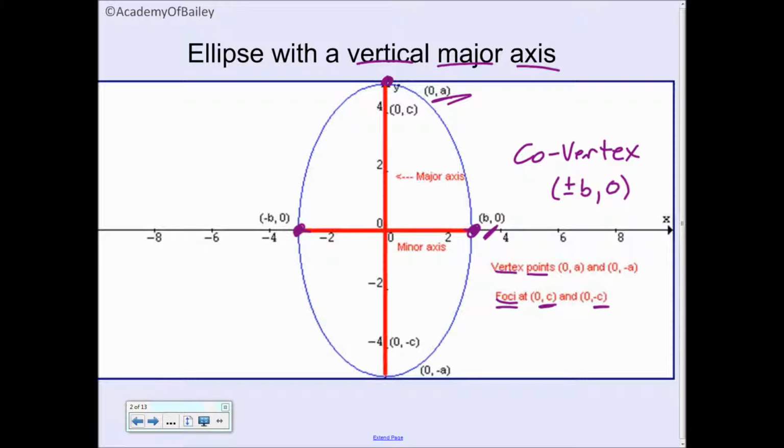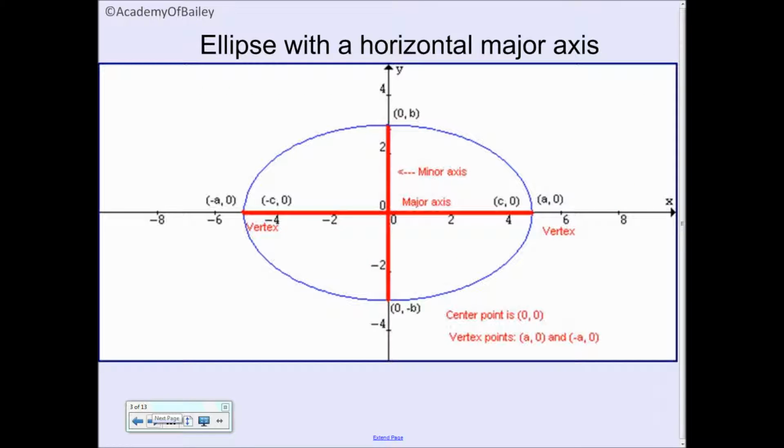So now let's move on to the next one and look at the horizontal major axis. Once again, here is the horizontal major axis, and you notice it's always longer, right? So that must mean that the distance from 0 to A must be greater than the distance from 0 to B. So the distance of A must be greater than the distance of B, and then we get a horizontal major axis.